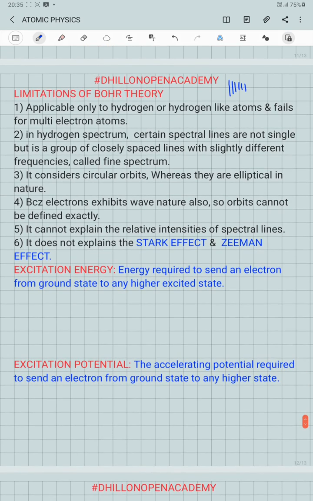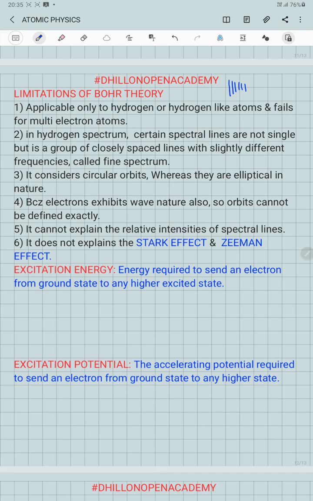Last, we are discussing excitation energy. Excitation means sending an electron from any lower orbit to a higher orbit. Any energy which is required to send an electron for this purpose from the ground state or any lower orbit to any higher orbit, we call the excitation energy.